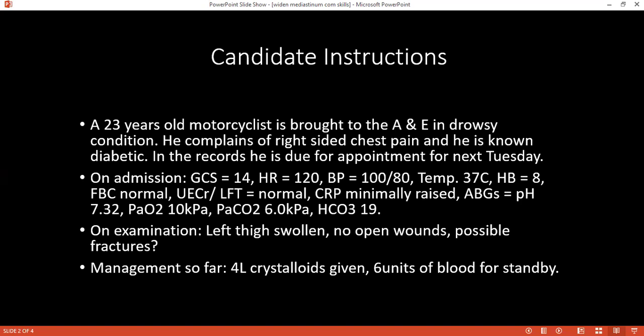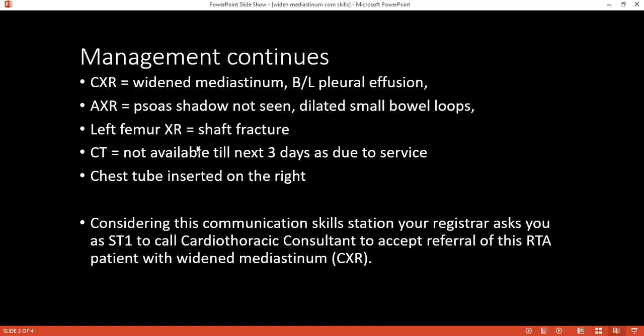Yes. Okay. So what about the abdomen? What do you think? Why is this psoas shadow absent? So absence of the psoas shadow maybe indicates the presence of a retroperitoneal collection, and this may lead to exploratory laparotomy. Okay. So what do you do to test that, to confirm your diagnosis?